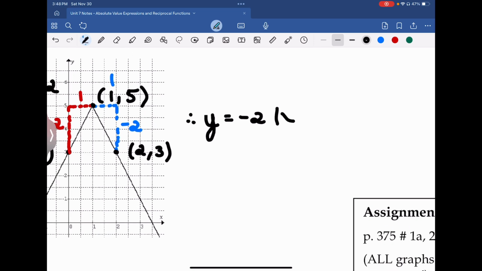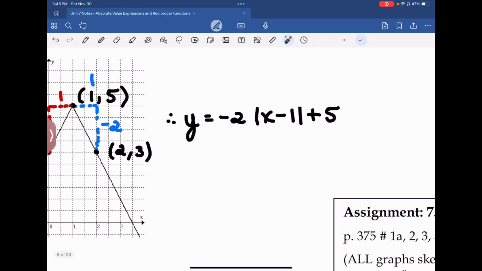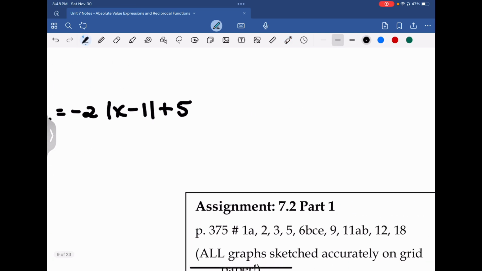It's negative 2 absolute of x minus 1, because it was actually at positive 1, we make it negative. This is going to be positive 5 for the q value, because we consider our p and our q to be at positive 1 and positive 5. Now, we define this using the absolute value of the following.